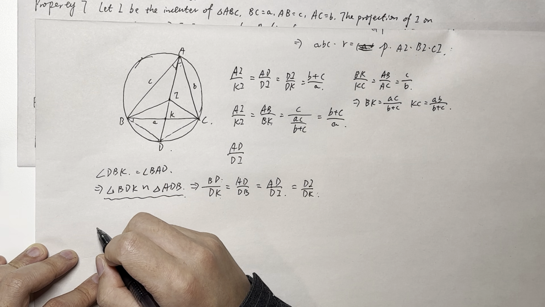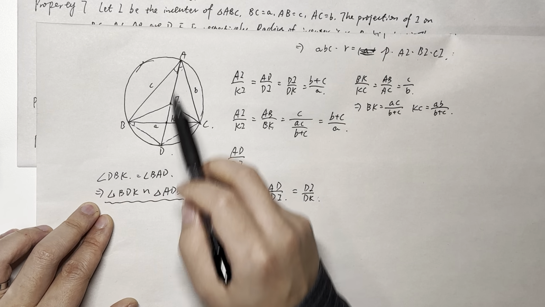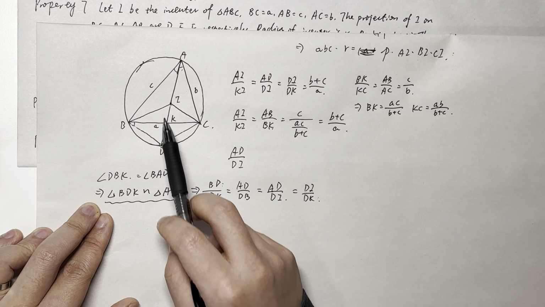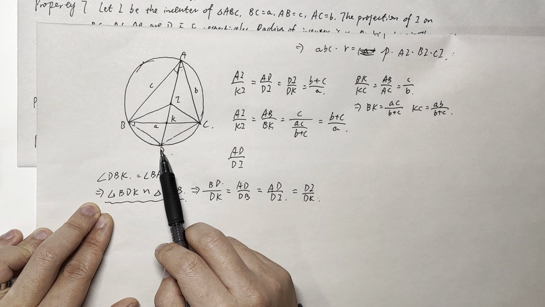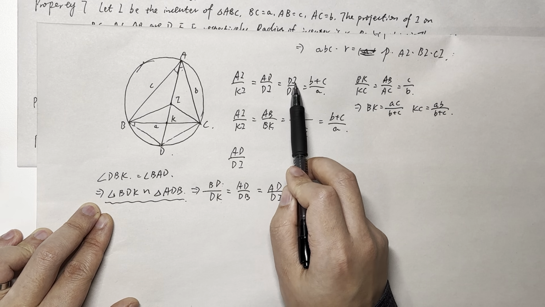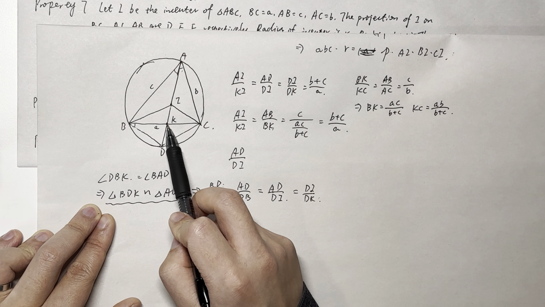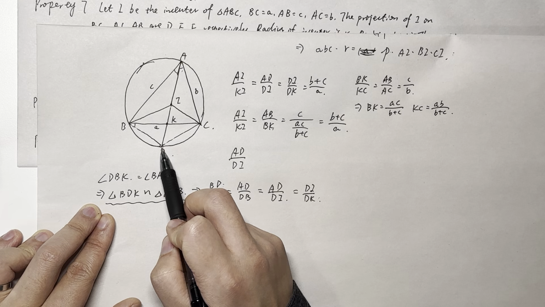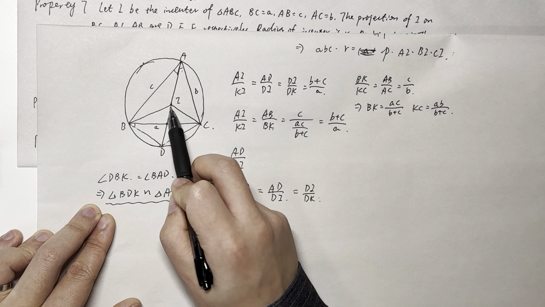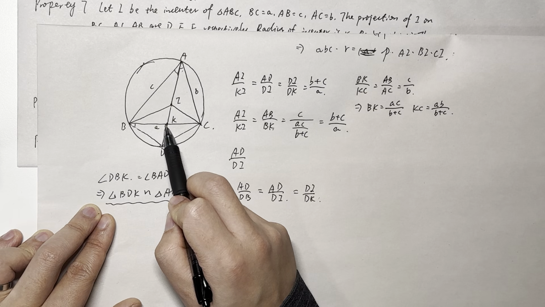I don't think so, right? Because it is difficult to directly calculate AD and then calculate DI. But here, AD to DI equals DI to DK, so we can use this one, DI, which is BD to DK, right?